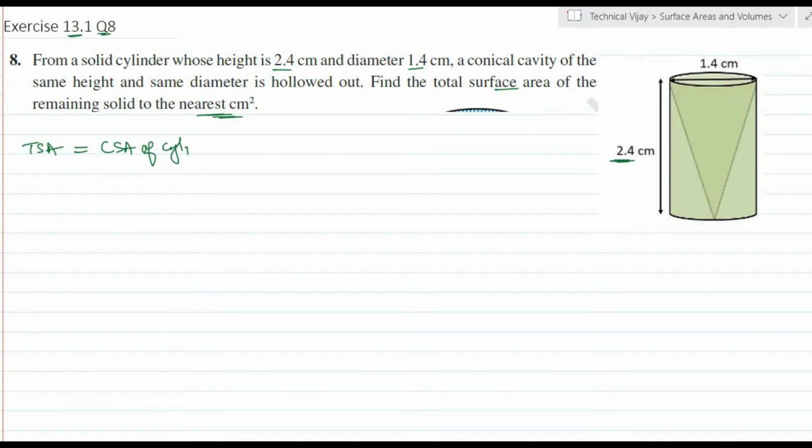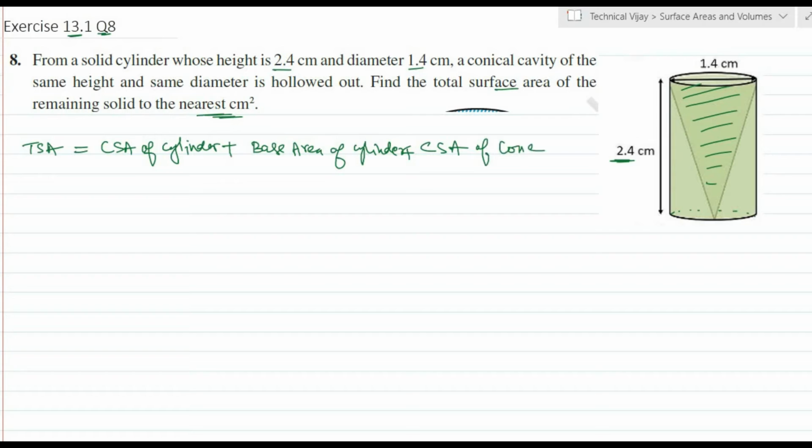Only we have to take the curved surface area of the cylinder plus the base area of this cylinder, plus the curved surface area of this conical section, because this has been carved out. So we will calculate one by one.